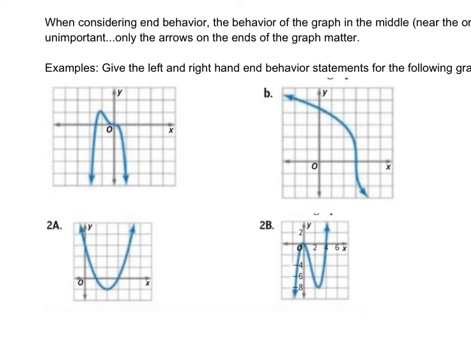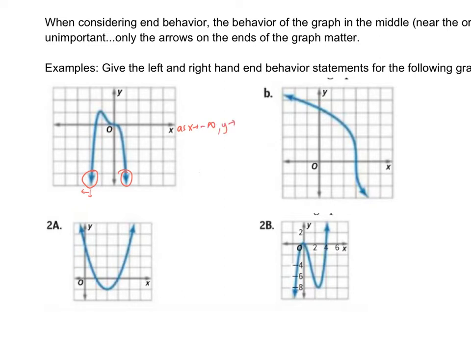But I'm going to do these top two examples and write the end behavior statements, the left-hand and the right-hand statements. So in this first graph, we look again only at what the arrows are doing. Now, this arrow is pointing both downward and leftward, which means as we keep going, the graph is going to keep doing that. So as x approaches negative infinity, that means it's going left.